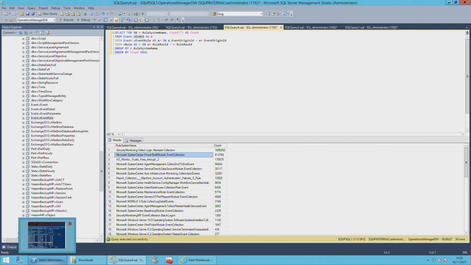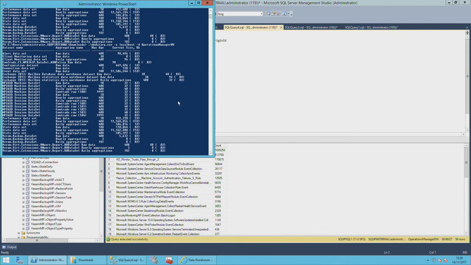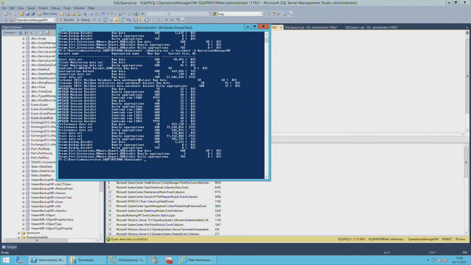So I'm going to run it here. You run this on your data warehouse server. It looks at your data usage in your data warehouse, and then it works out the percentage of storage used by each particular data set.